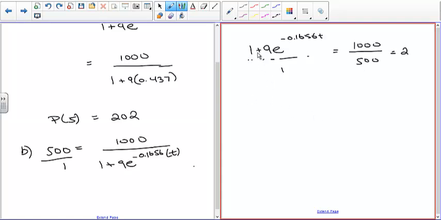Next, I'm going to subtract 1 from both sides. That will remove the 1 from the left-hand side, and if I subtract 1 here, I'll get 1. Then I divide both sides by 9, so I get 1/9.